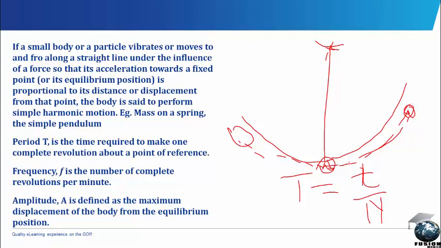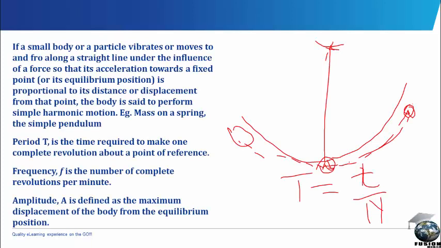Frequency, F, is the number of complete revolutions per minute. Mathematically, it is given as frequency F equal to number of cycles over time taken, and the SI unit of frequency is Hertz.